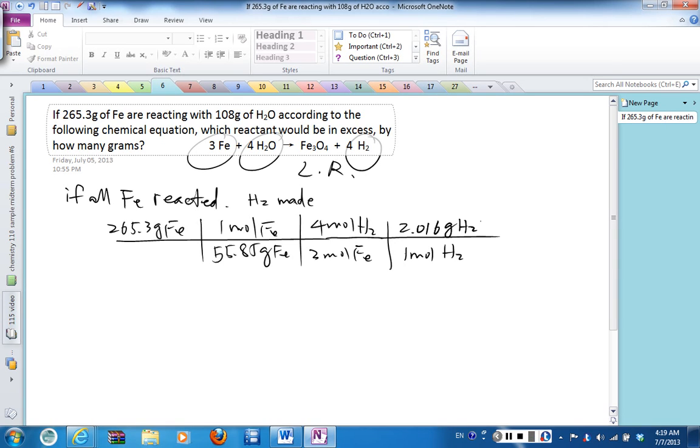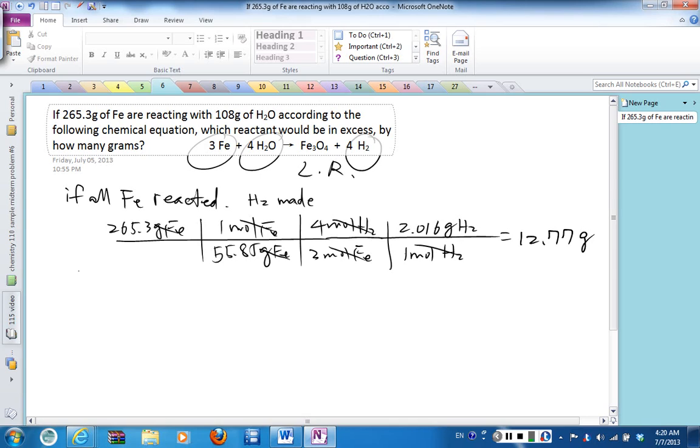That's its mole mass. So you can see gram of iron cancel, mole of iron cancel, mole of hydrogen cancel. We ended up with gram of hydrogen, and that's going to give us 12.77 grams.